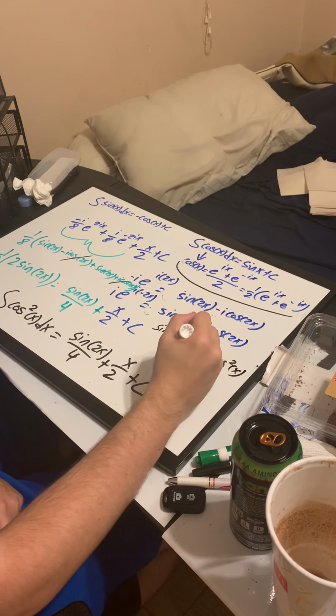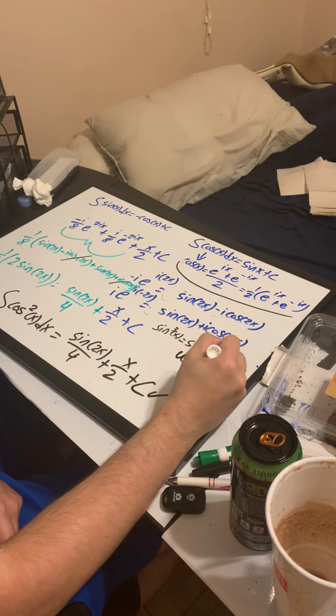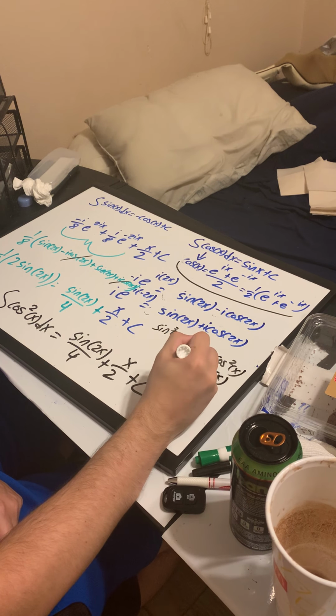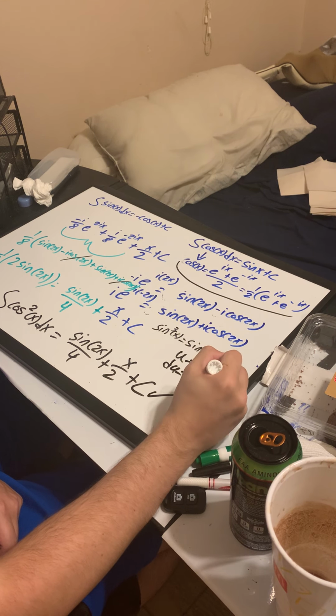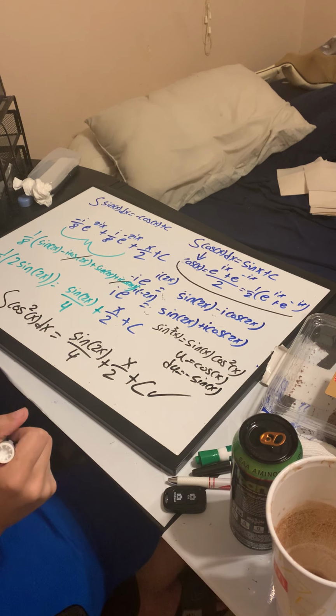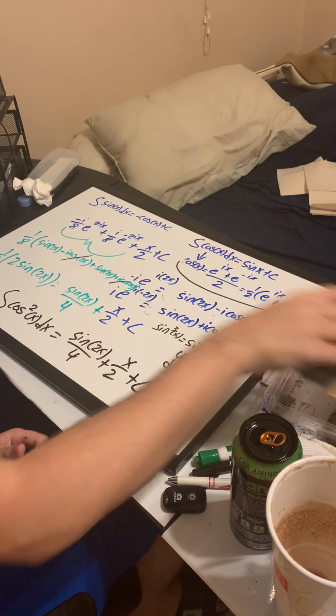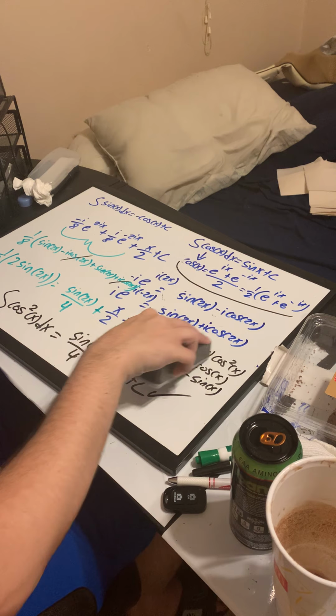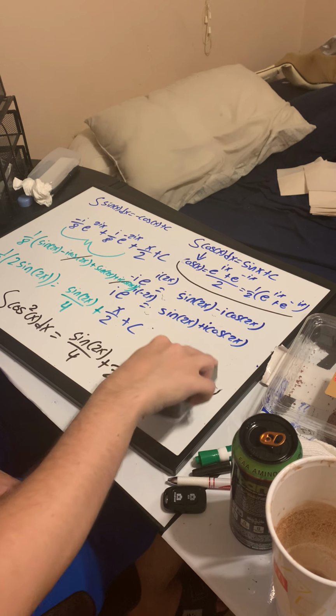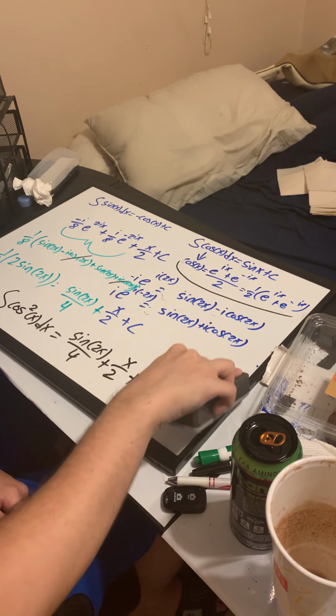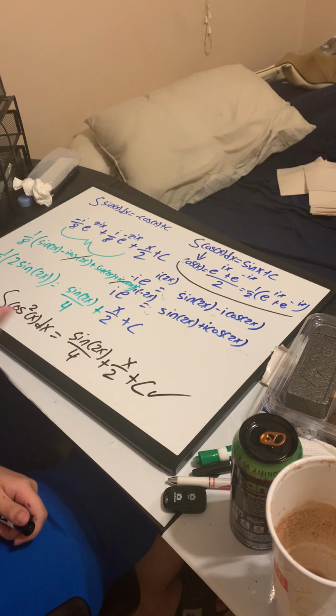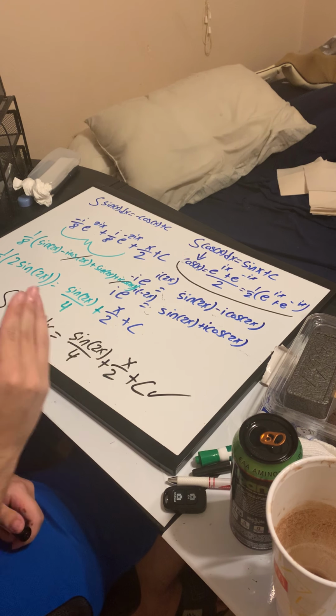And then here you can do a simple u sub of u equals cosine of x, then du is equal to negative sine of x, and you can integrate those. So maybe for cubic ones, don't worry about it. But for even powered functions, maybe this might be worth it, right?